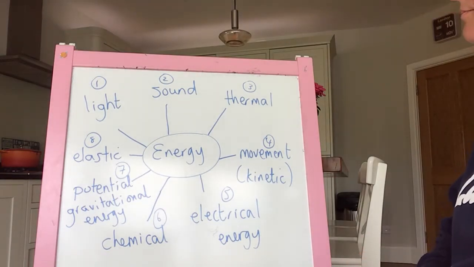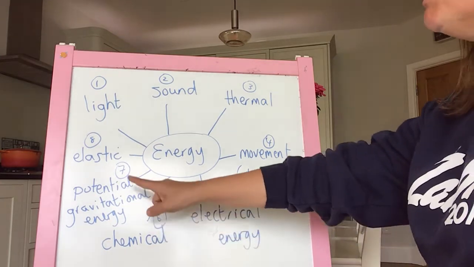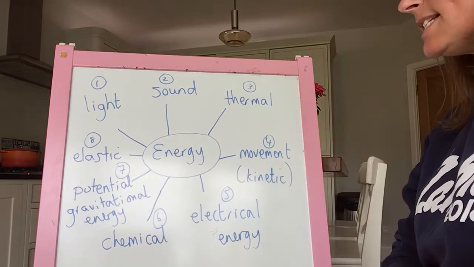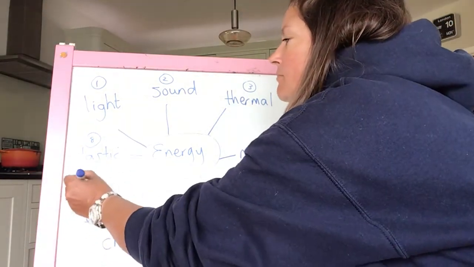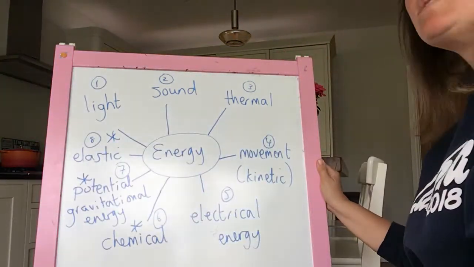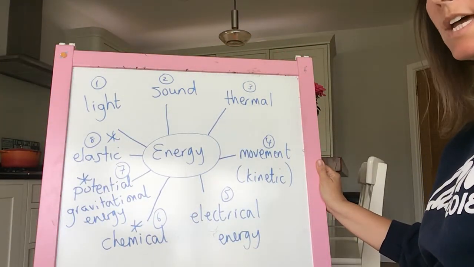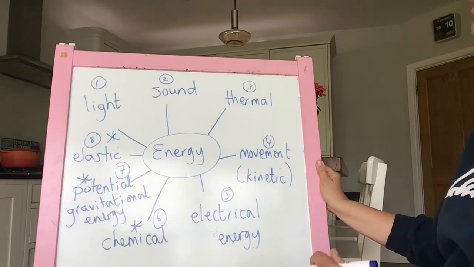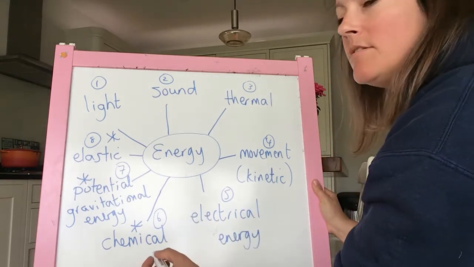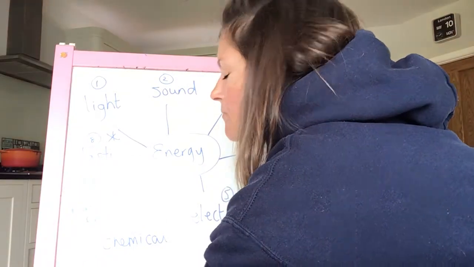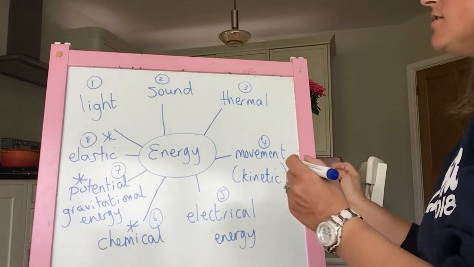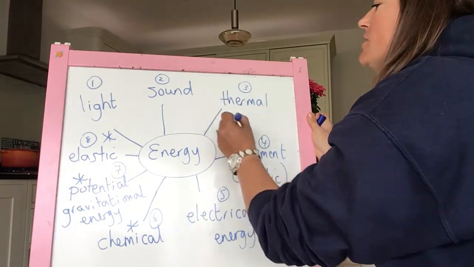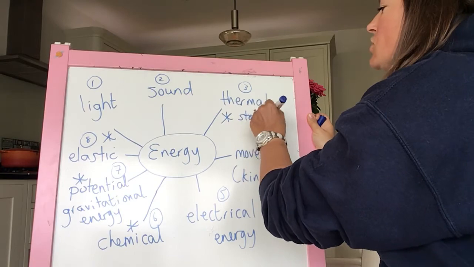Now, just one last thing: these last 3, chemical, potential gravitational energy, and elastic, I'm going to star these because we say that they are stored energy. Can I fit this in, I wonder? No, you can't. Okay, let's put it up here then. So the star means stored energy.